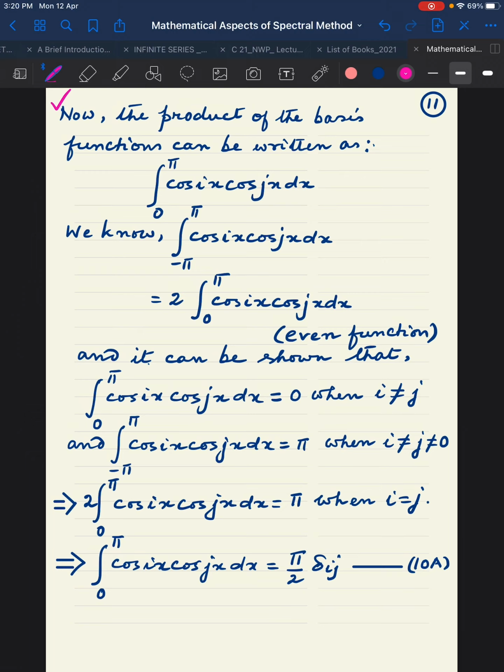That is, integral minus pi to plus pi cos ix cos jx dx can be written as 2 times integral 0 to pi cos ix cos jx dx. Why? Because cos ix and cos jx are even functions and their product is also an even function.